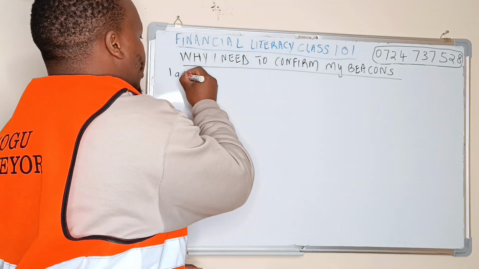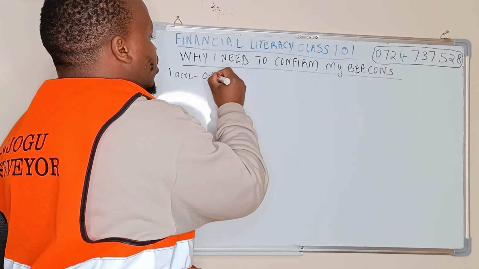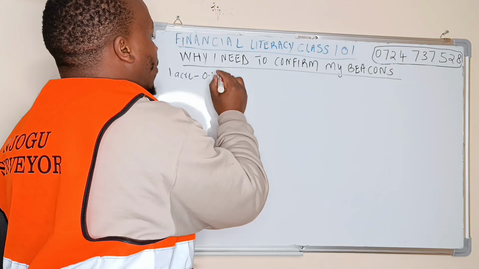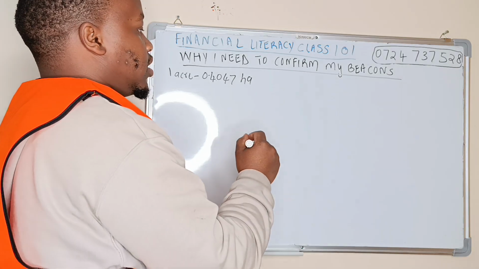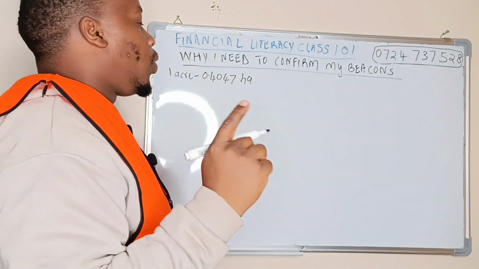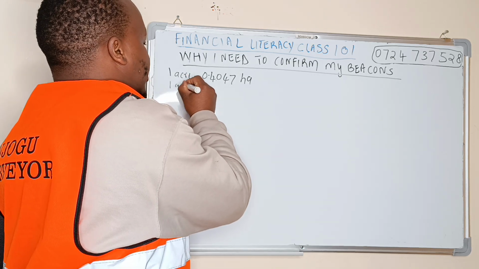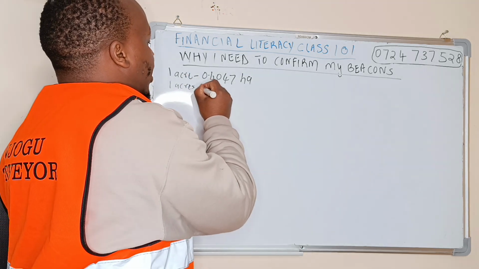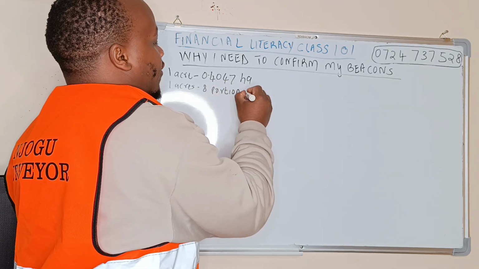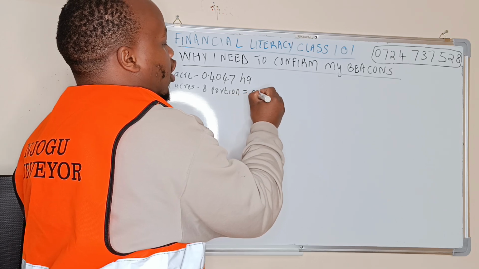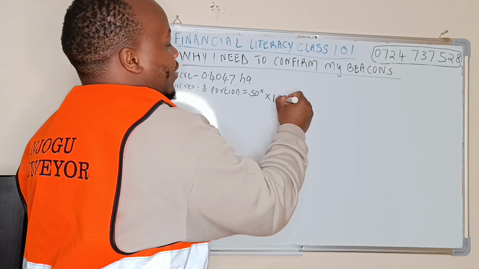1 acre of land has dimensions of 0.4047 hectares. You get it? Once we talk about one acre, it means it can produce 8 portions of these parcels we call 50 feet by 100 feet.